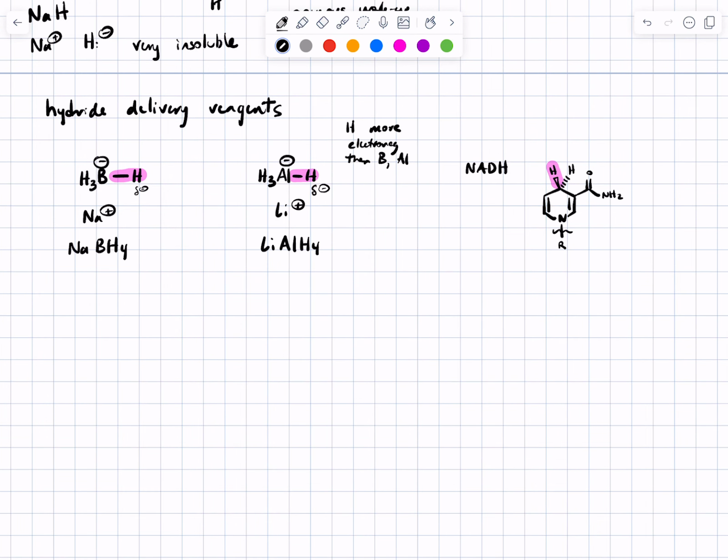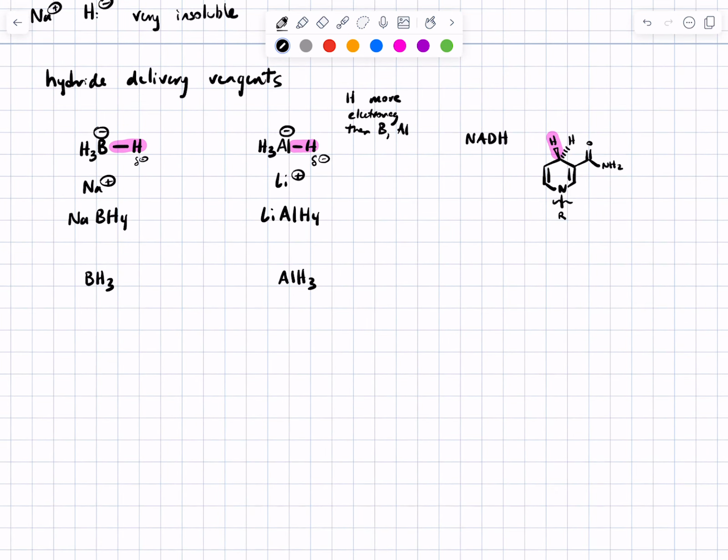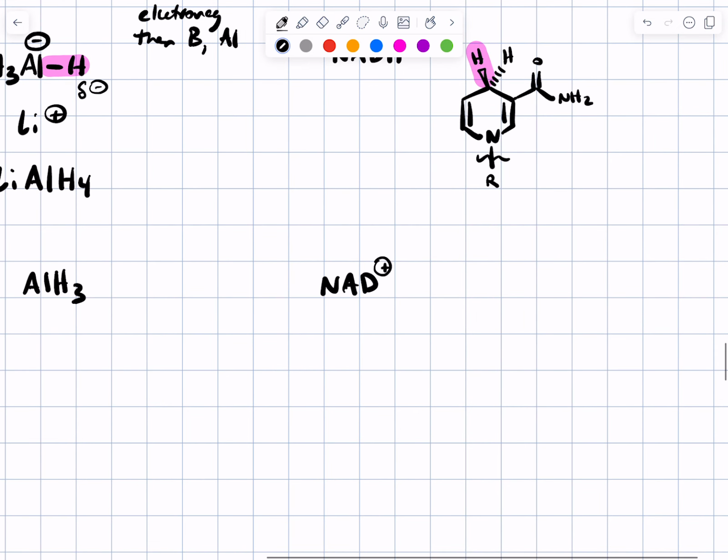It may be helpful for you to see the form after the reduction reaction. So BH3, AlH3 without the hydride, and then for NADH, it's NAD plus. I'll show you what that looks like.